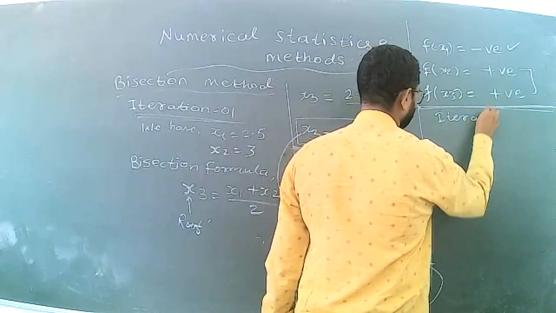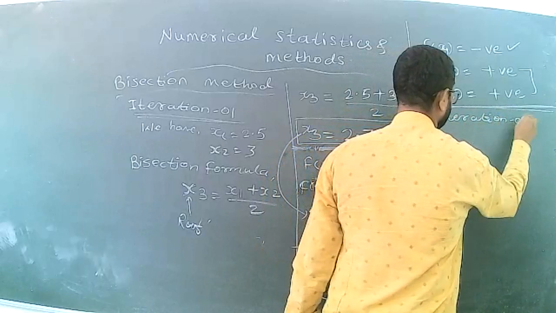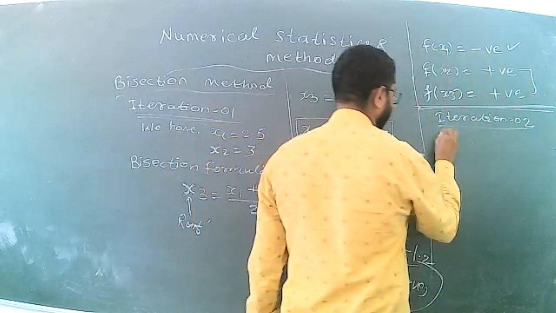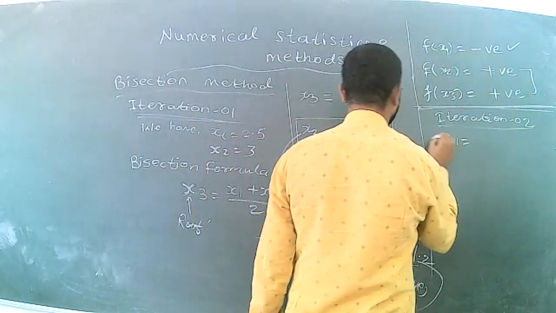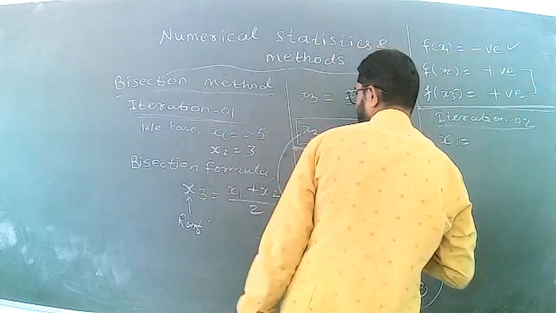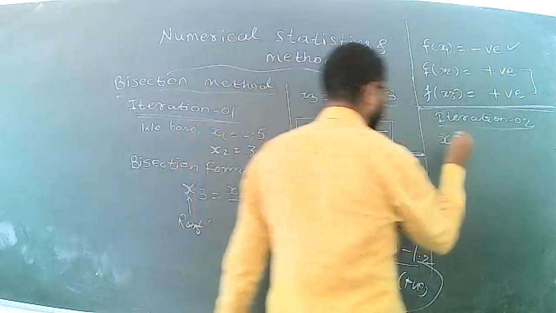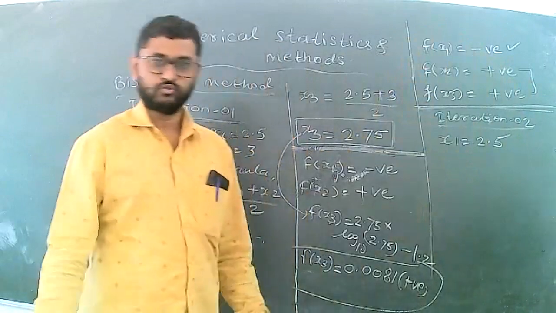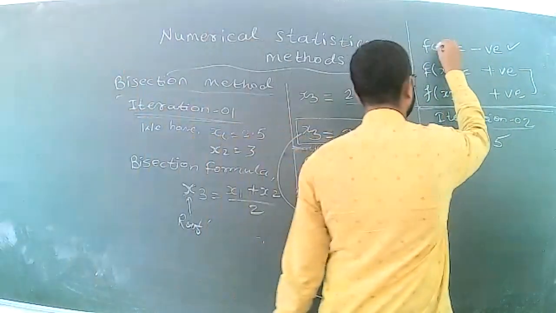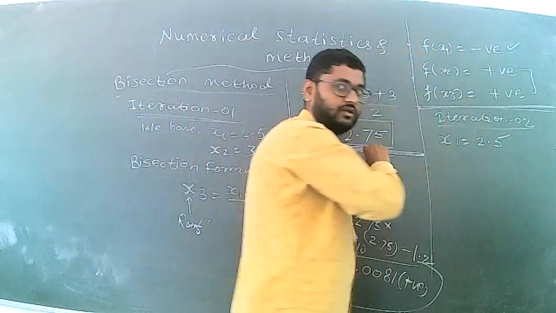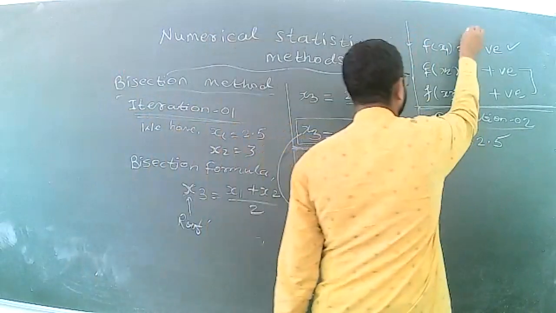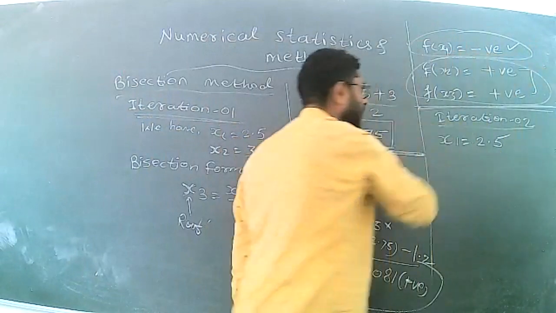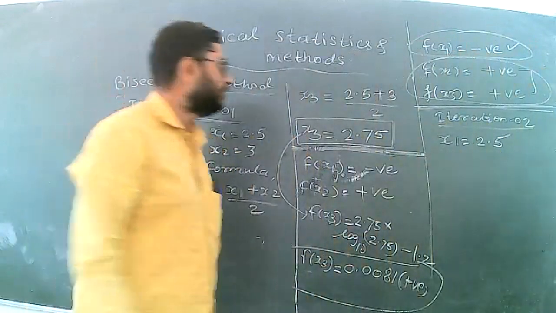For iteration 2, take x1 as it is. That is, for the previous iteration, what was the value of x1? x1 is 2.5. Because only f of x1 is negative, and f of x2 and f of x3 are positive.